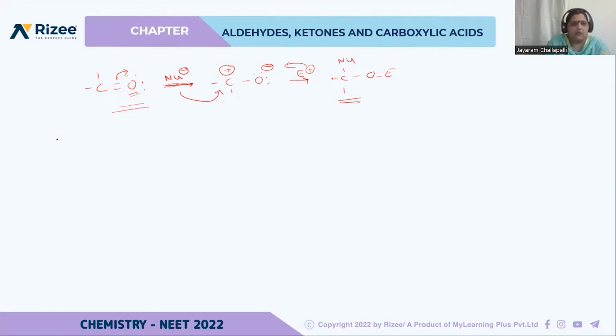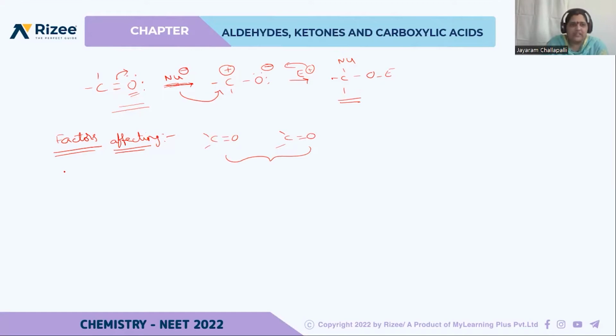So let's see what are the factors affecting the reactivity. How can we decide which one has a greater reactive nature? Anyway, a ketone also has C double bond O, and our aldehyde also has the same functional group. So among those two, how can we say which one is more reactive?